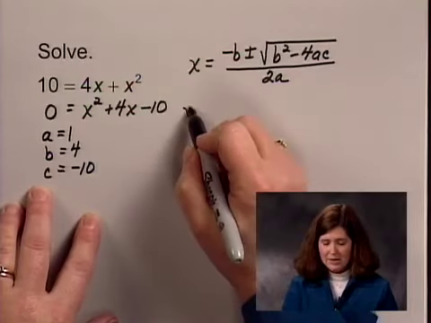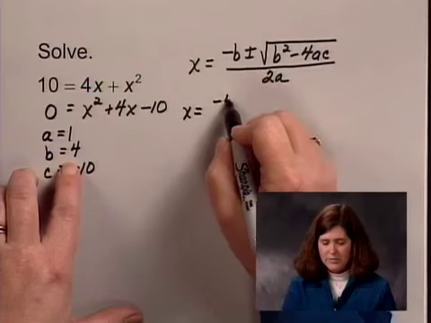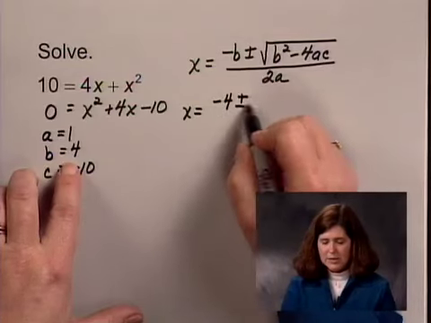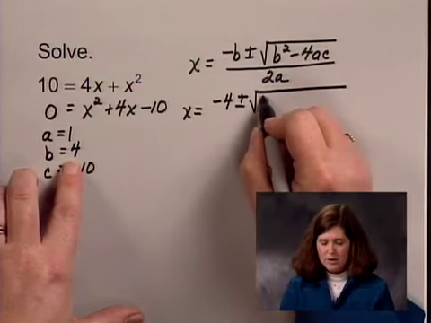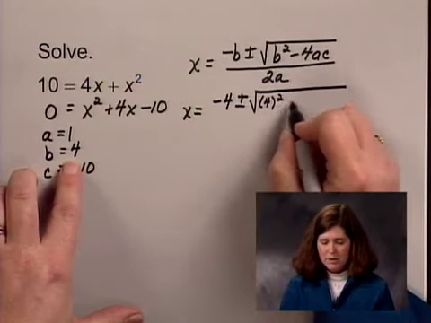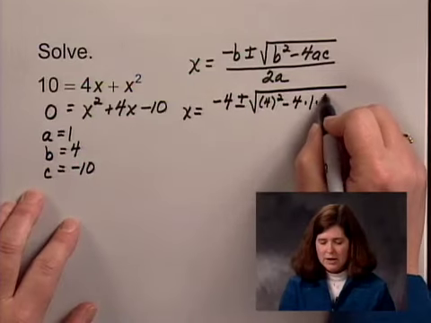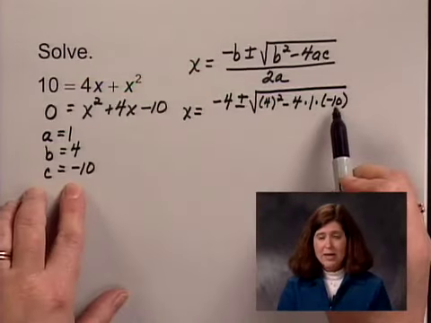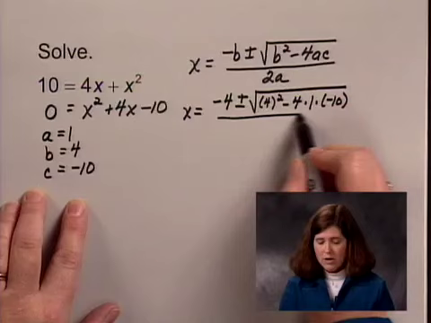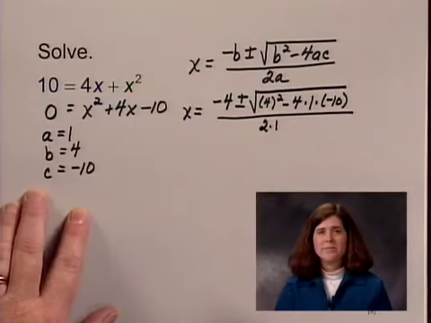I have x equals the opposite of b, which is the opposite of 4, plus or minus the square root of b squared, which would be 4 squared, minus 4 times 1 times negative 10. That's substituting 1 for a and negative 10 for c, all over 2 times a, or 2 times 1.